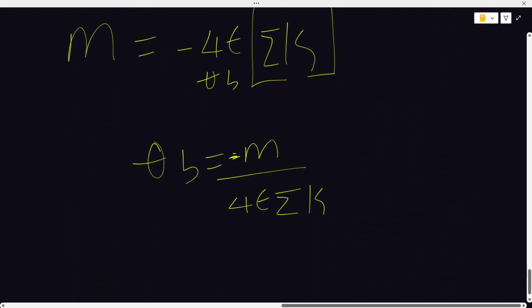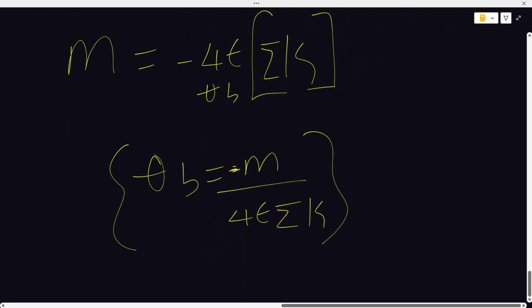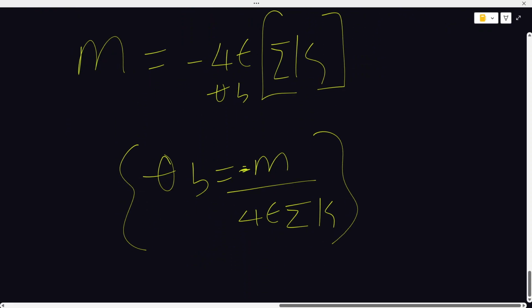So what else can we do? Now that we have this, we can substitute it back into the equations.